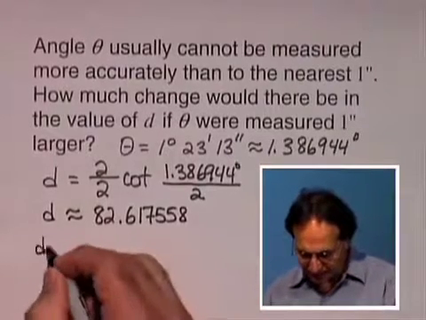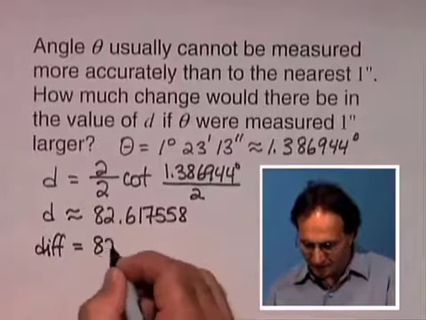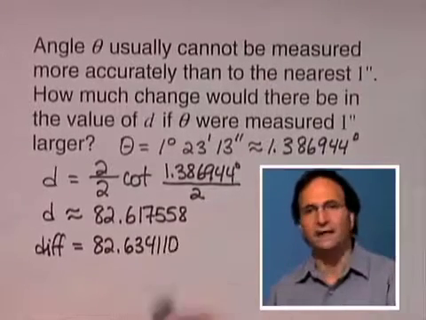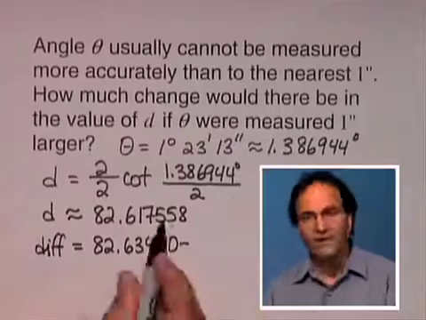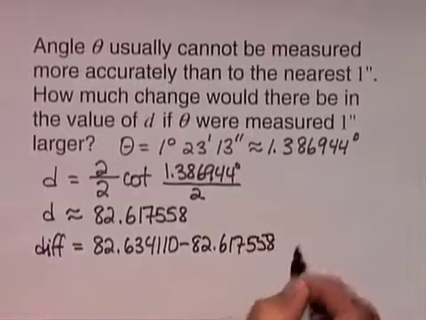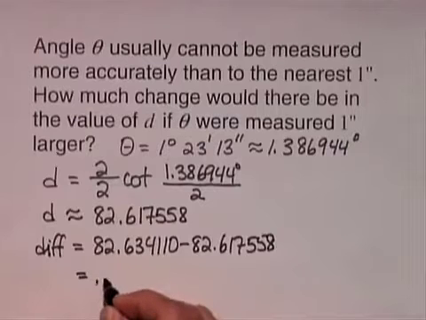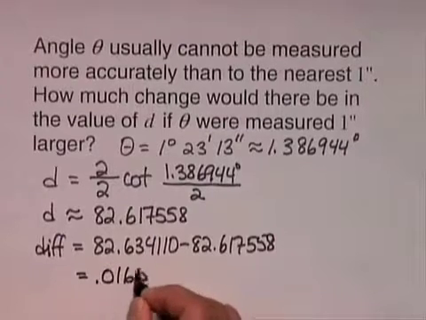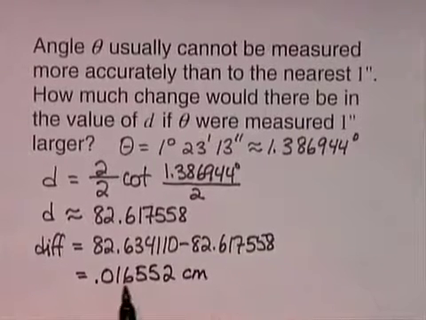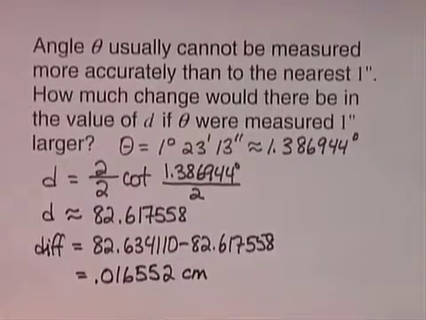So that difference would be equal to the value that we found first, 82.634110, minus this one, 82.617558. And that difference, when we work it out, would be 0.016552 centimeters. So that's how much of a difference there would be by increasing the angle by 1 second.